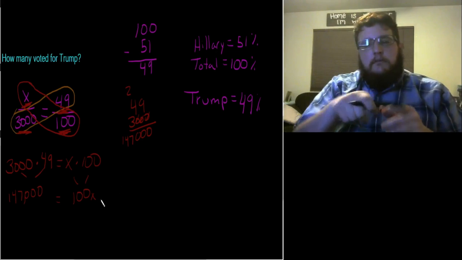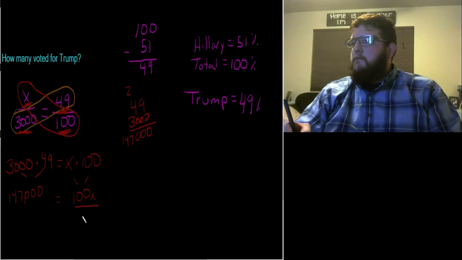So now we can isolate the variable by dividing both sides by 100.